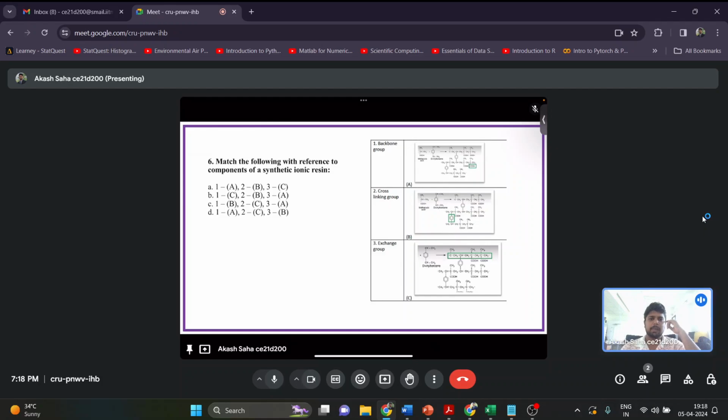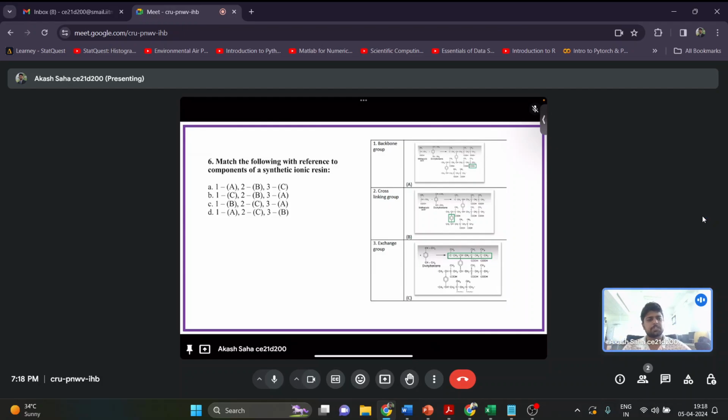If you see, the backbone group will be the long chain of the hydrocarbon, which is given in the third figure. The cross-linking group will be the same as shown in figure B, whereas the COOH is an exchange group.